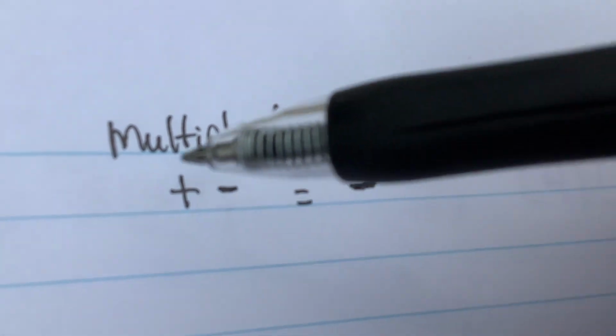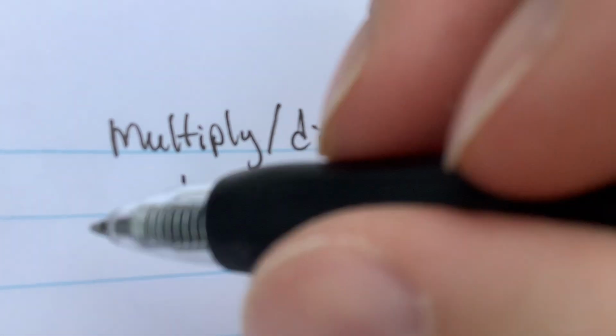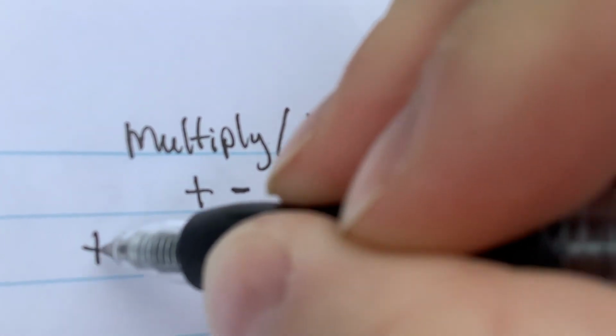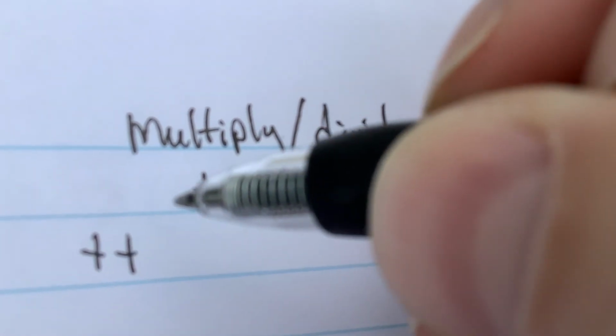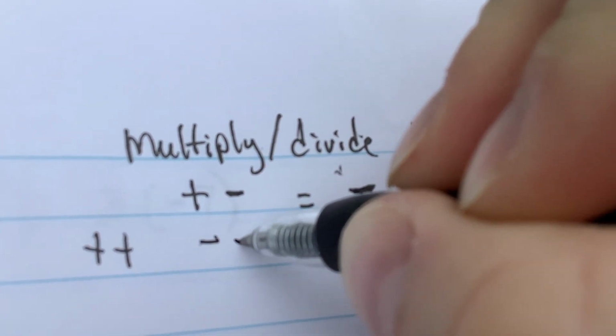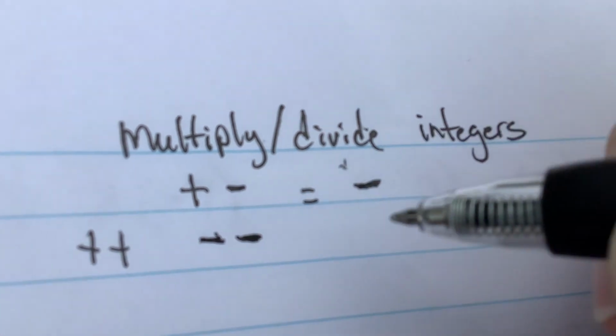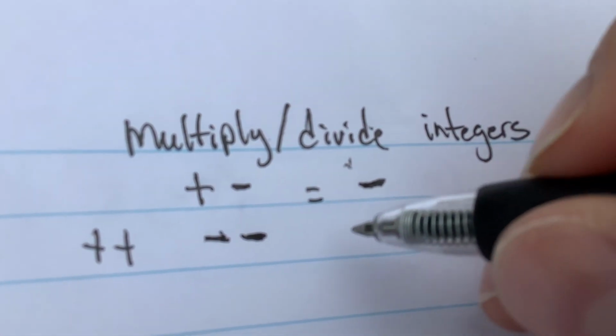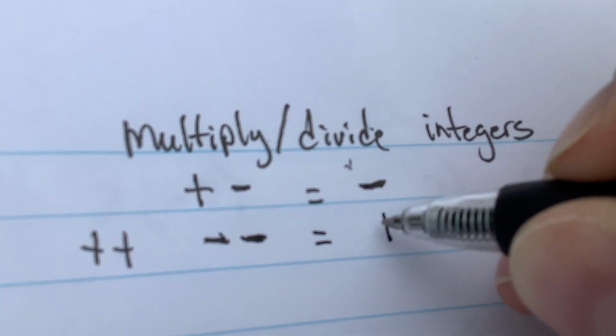If they're the same, meaning they're both positive, if you've got something like 3 times 2, that's going to be a positive 6. But this one we've probably never seen before, a negative times a negative. If you've got a negative times a negative, then the whole thing becomes positive.